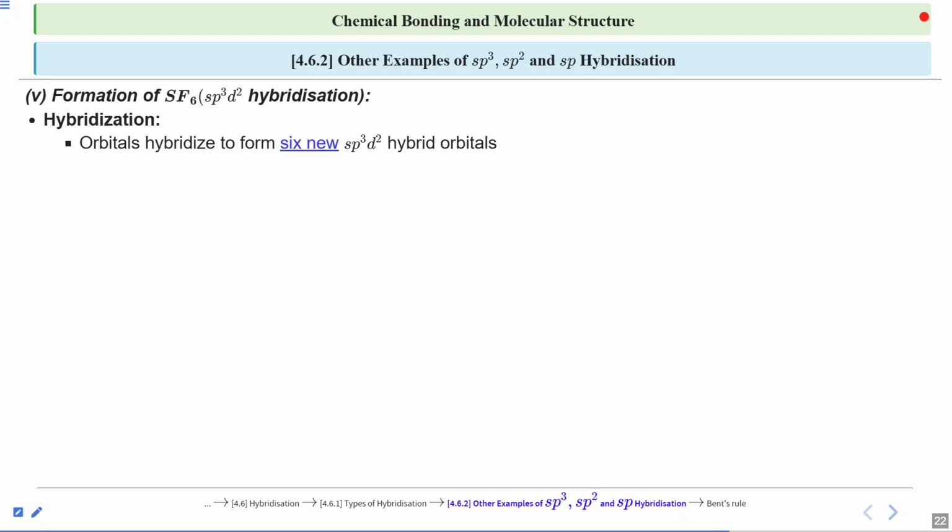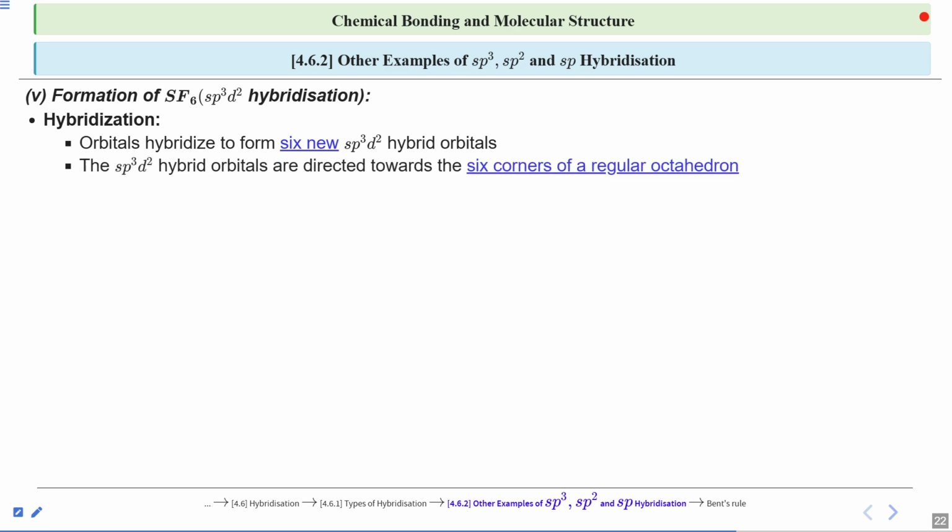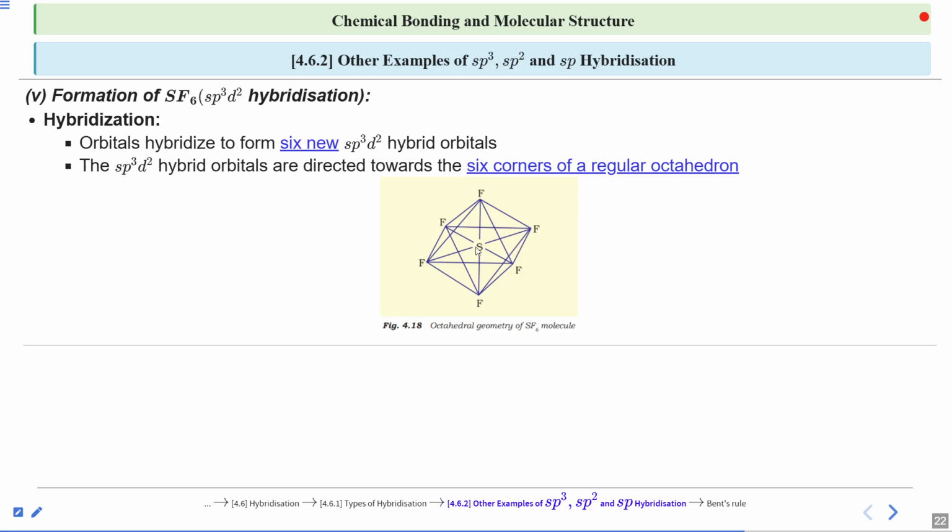The hybridization will be sp3d2, and in that shape, the 6 corners of a regular octahedron will be occupied by the fluorine atoms. So this is your SF6. In the center, we have the sulfur, and at each corner of the octahedron, we have a fluorine atom. Now in this case, there is no elongation or shortening of bonds. Each of the bond lengths is identical to the others. Clear?